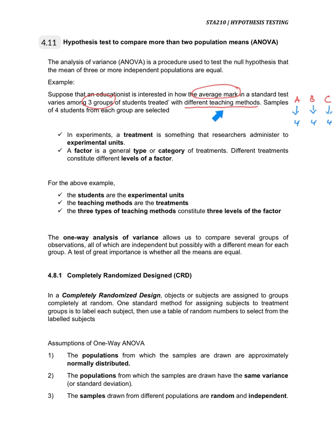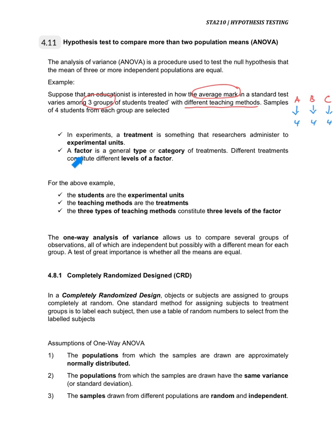The teaching method has been applied to the 3 groups of students, where the 3 groups of students are known as the experimental units. So the things or people on whom we apply what we are interested to study, we call the experimental units.